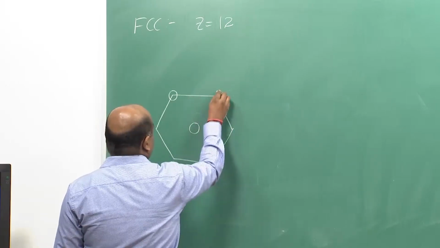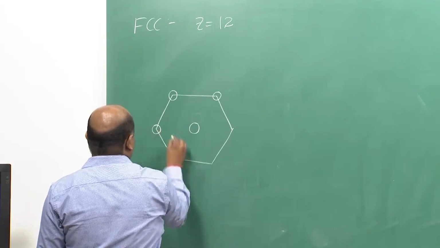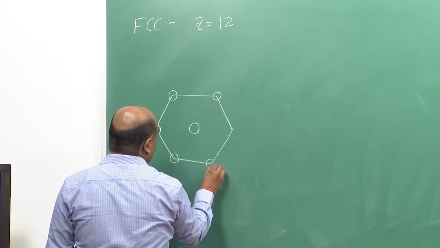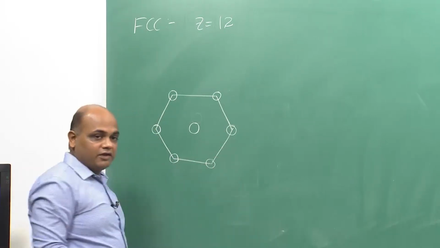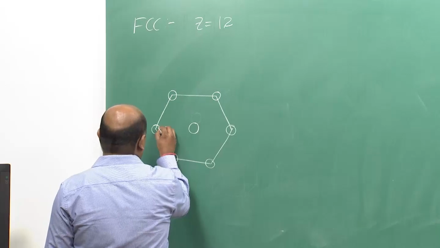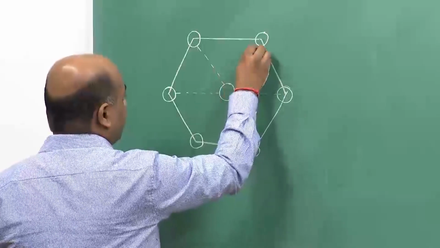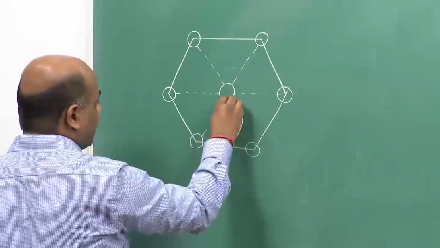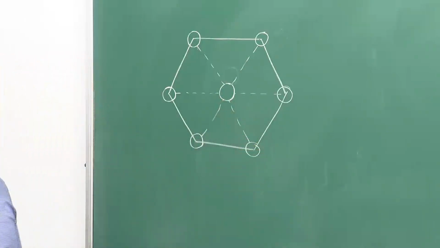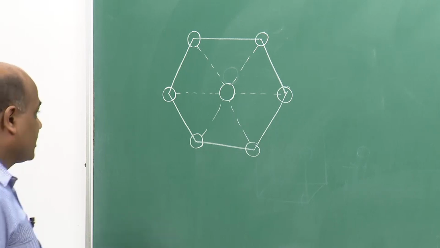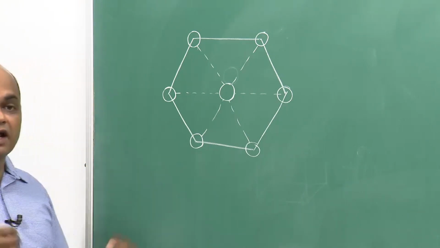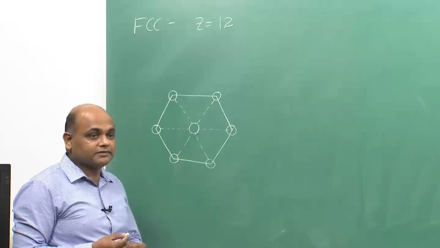If we consider this atom at the center, there are 6 neighbors in plane. So, the 6 are left. How are the remaining 6 arranged? So, the remaining 6 are out of the plane, right.